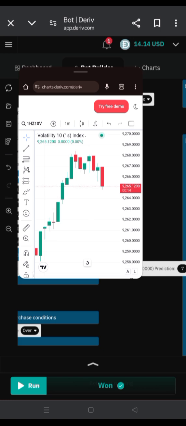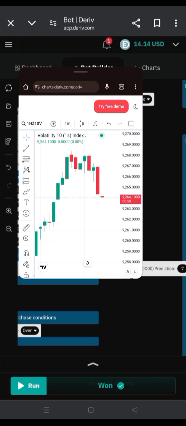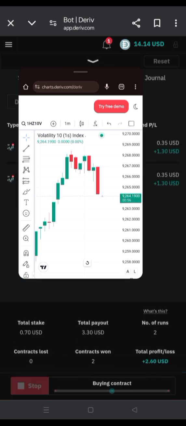Let's try with that for USD stake. So let's run and wait for another entry. You can see it's 5 seconds, 4 seconds, 3 seconds, 2 seconds, 1 second. I ran the bot for the next candlestick.